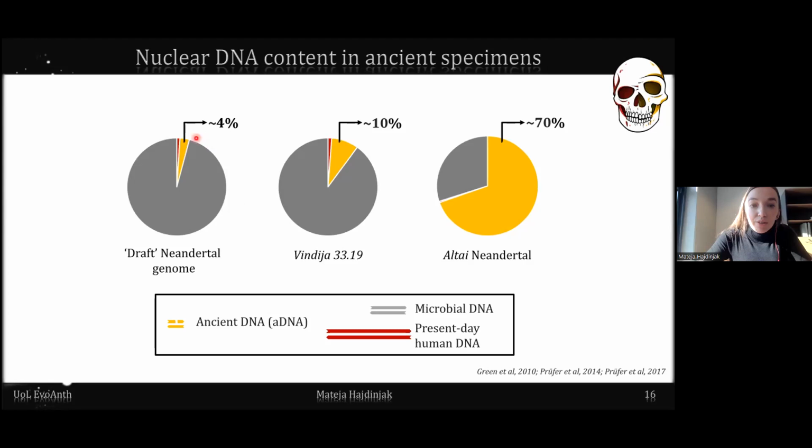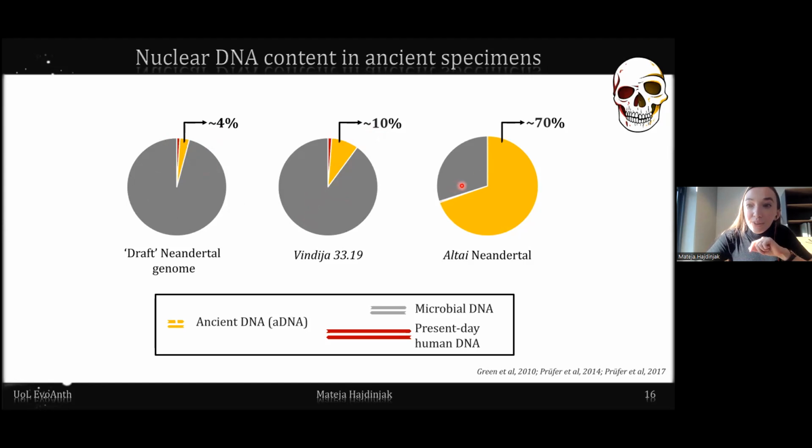The proportion here in yellow of the sequences of the nuclear DNA that we can align to the human genome, which some of the people then called endogenous DNA, was around 4%, and the majority of the other sequences were actually of microbial origin. In the case of our second high coverage Neanderthal genome, which we published in 2017, this proportion was around 10%.